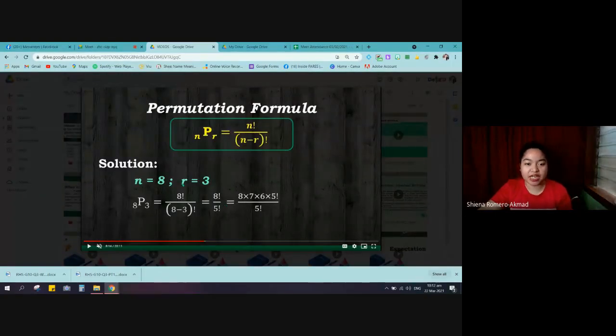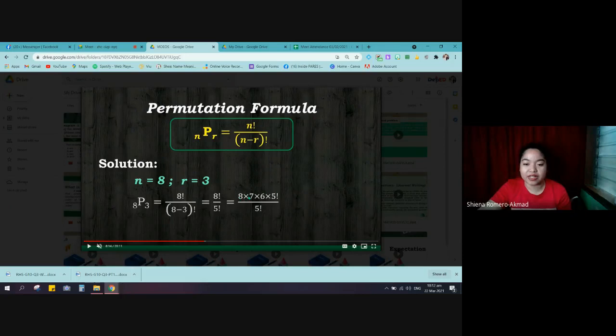Sagutin natin yung kanina. Yung n natin will be the number of choices at yung r natin ay yung napili. So, we have 8 taken 3 at a time. That's 8 factorial divided by 8 minus 3, kasi 8, tatlo lang doon yung pinili mo. So, yung natira, yung i-consider natin. So, we have 8 factorial divided by 5 factorial. And we express 8 factorial with a factor 5 factorial para ma-cancel.